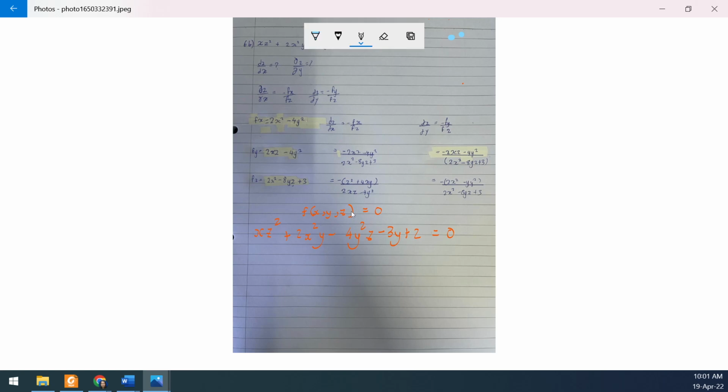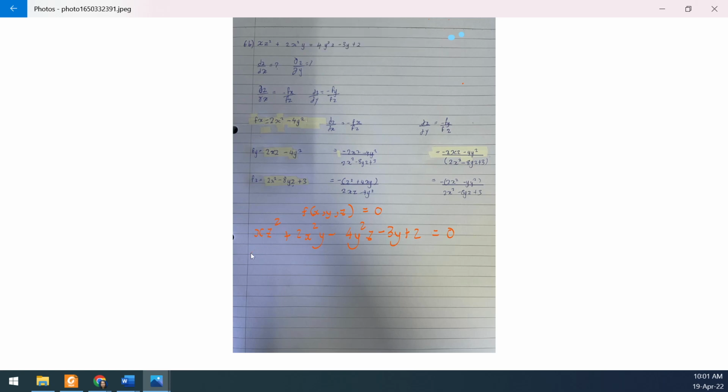Then by using the implicit differentiation formula, del z del x is negative fx over fz. Del z del y is negative fy over fz. When you find fx, y and z are constant.